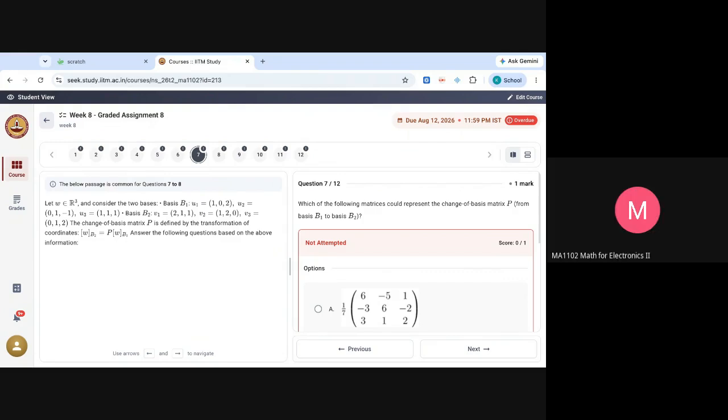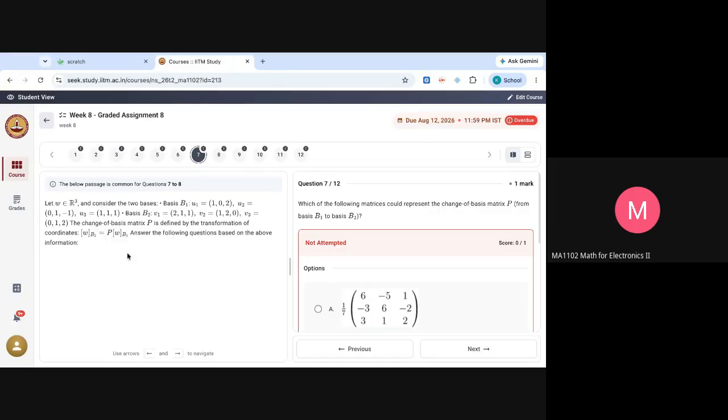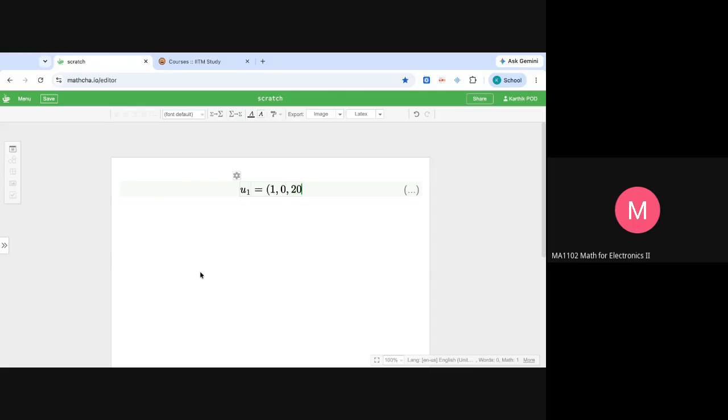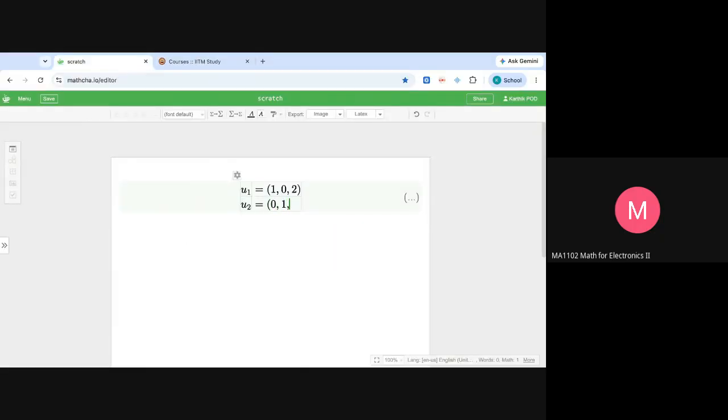Right. Let me first write down the basis. U1 is (1, 0, 2), U2 is (0, 1, -1), and U3 is (1, 1, 1). So this is basis B1.